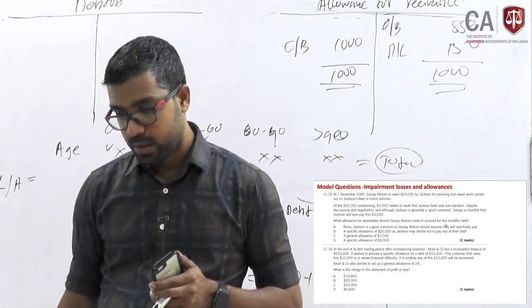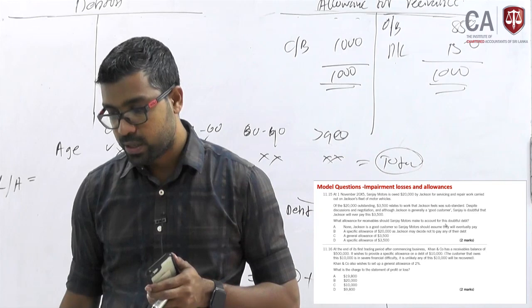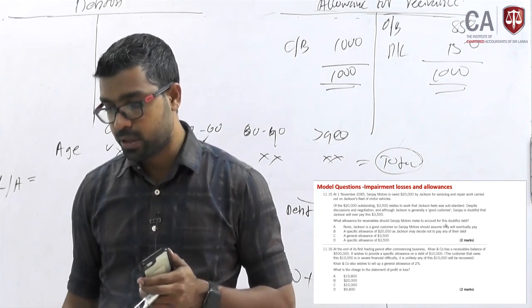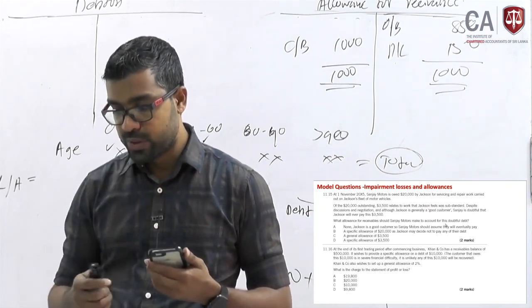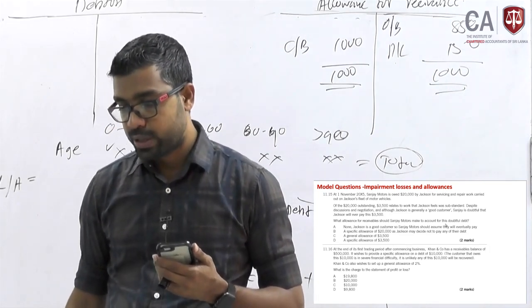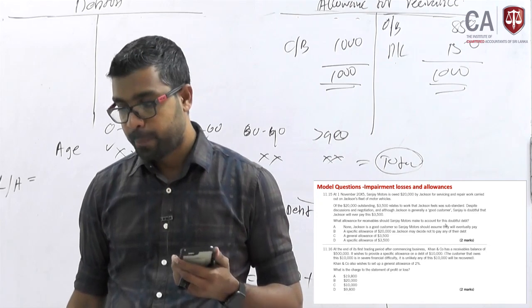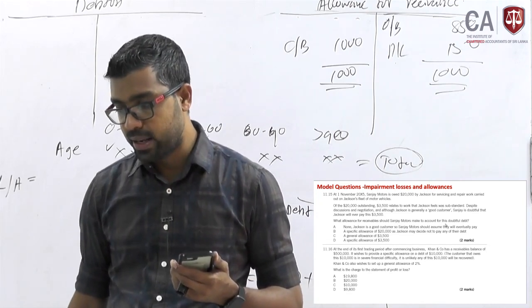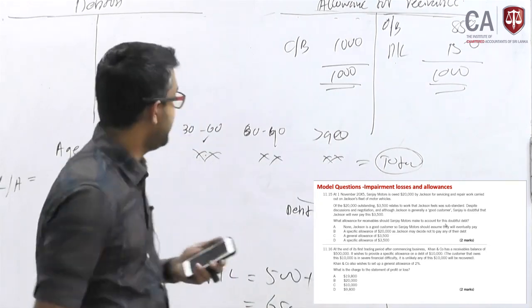Khan Company also wishes to set up a general allowance of 2%. So specific allowance plus general allowance you will charge to P&L. 10,000 we will charge to P&L, and 2% general allowance out of 500,000.